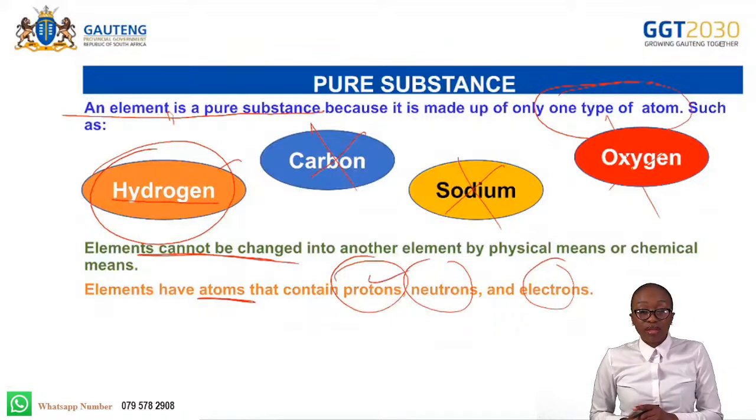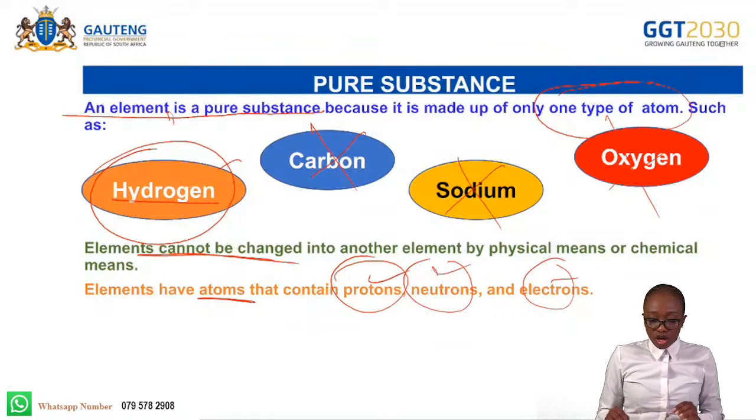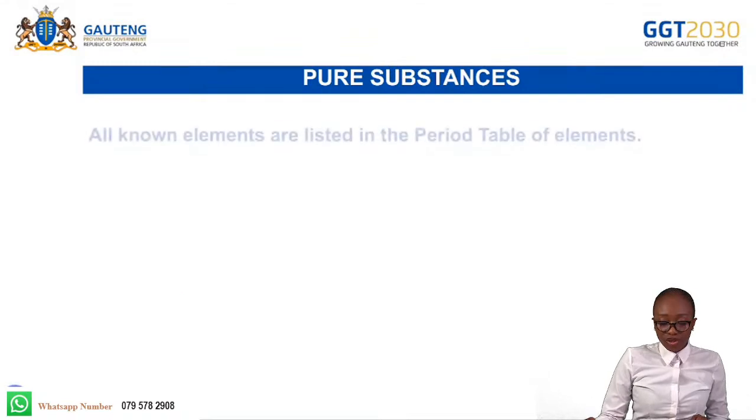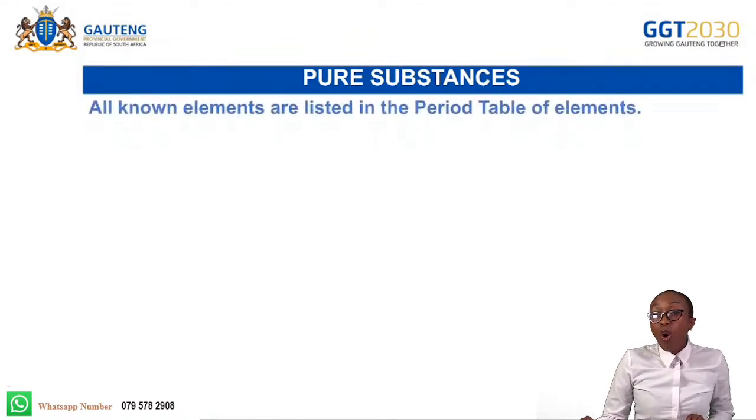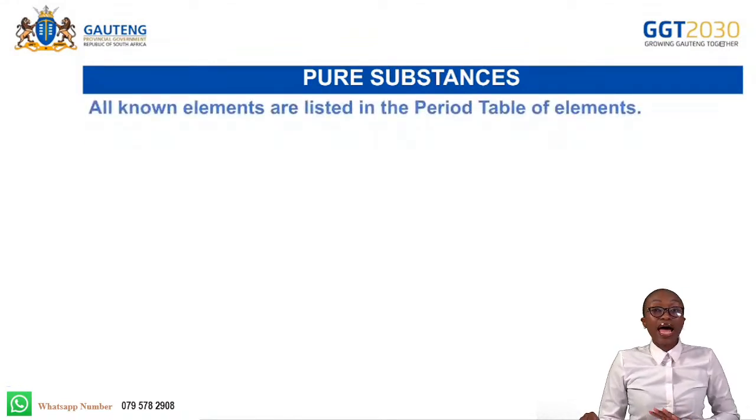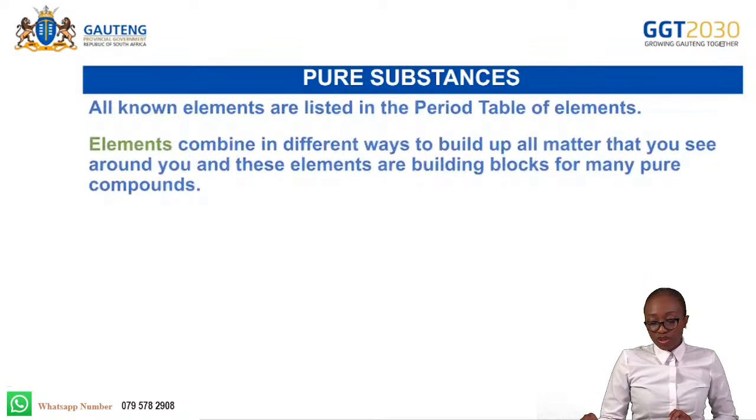And what are they? They are protons, neutrons, and electrons. Those are the subatomic particles. Now, all known elements are listed on the periodic table of elements. All the elements that we know today, or that scientists have discovered in the past, are all listed on the periodic table of elements.